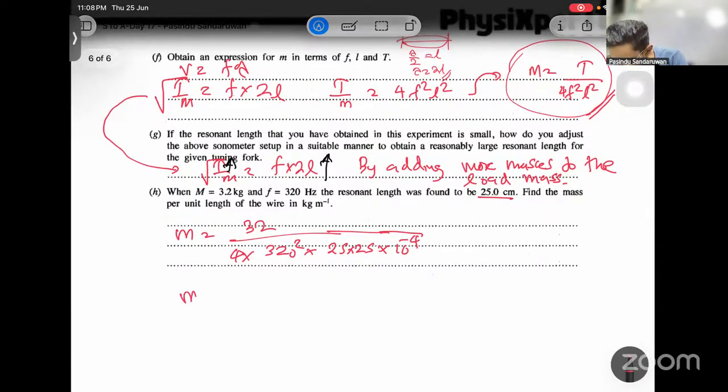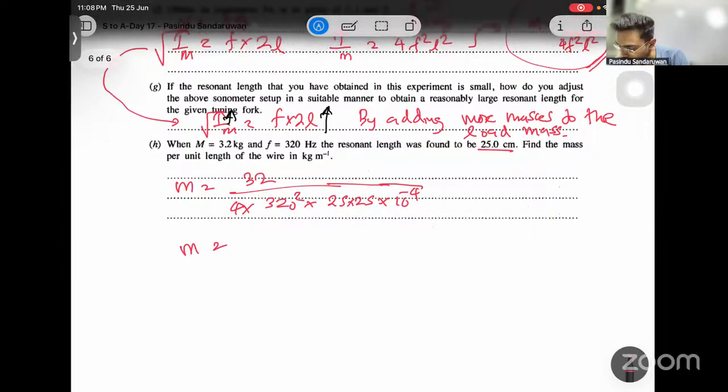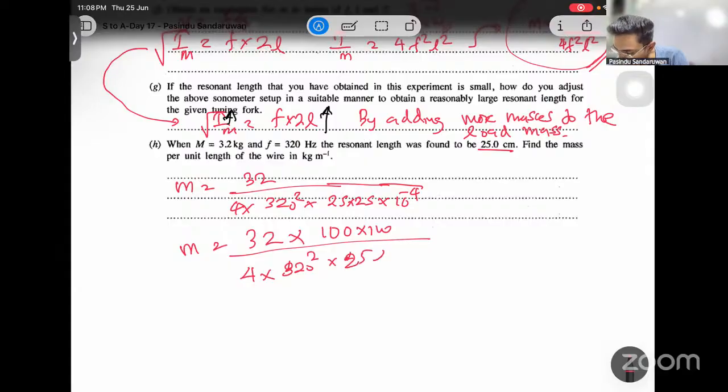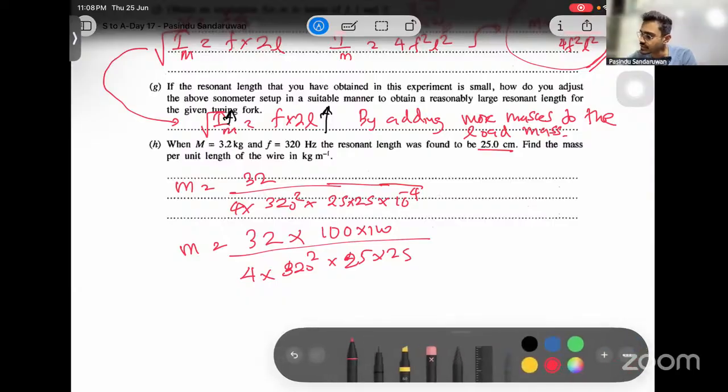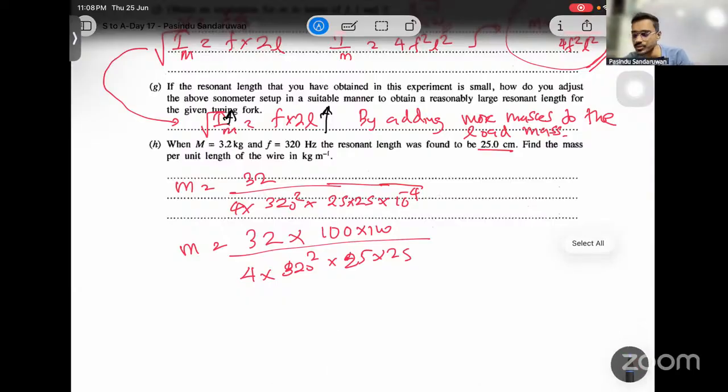A small simplification, I have to simplify. Then this is 32 times 10 to the power 4. 10 to the power 4 is 100 times 100. Here 4 times 320 squared, 25 times 25. By 25 this cancels. Then 25 times 4, then 4 to 4 cancels. 25 times 4 again.